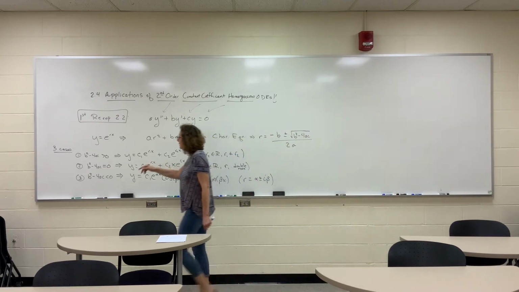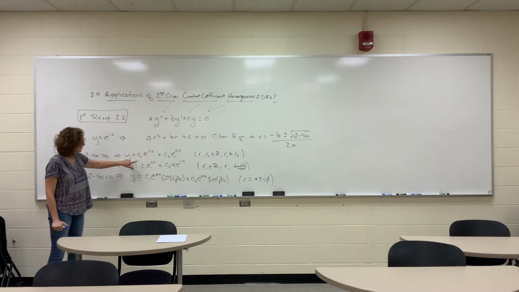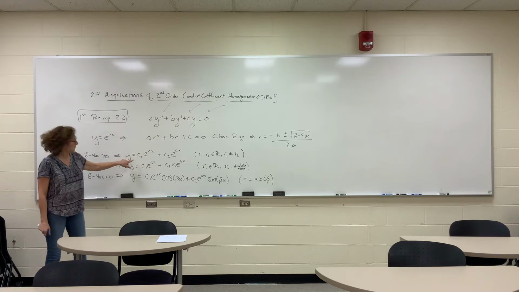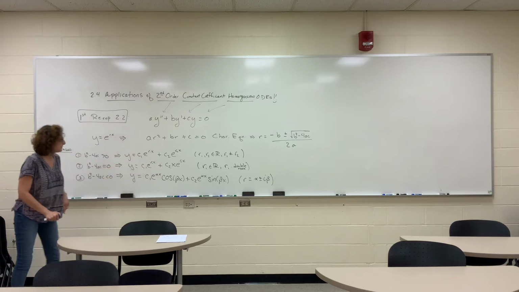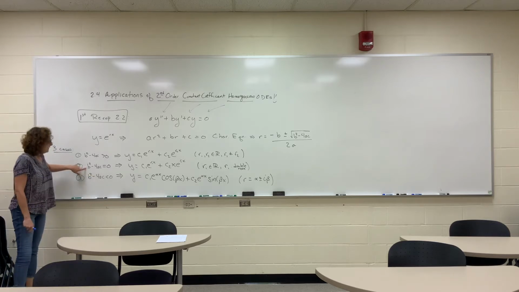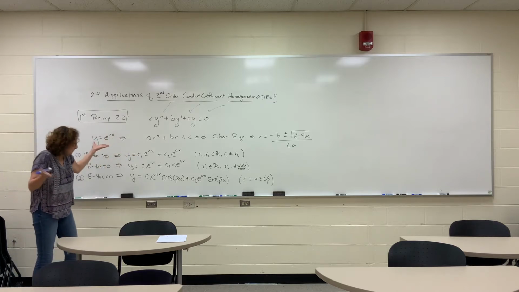In case 1, we had positive, you get 2 distinct real roots, and so you get 2 solutions, and the general solution is c1 e to the r1x plus c2 e to the r2x. When we have 0 for b squared minus 4ac, then we have a double root, just a single root, r1.